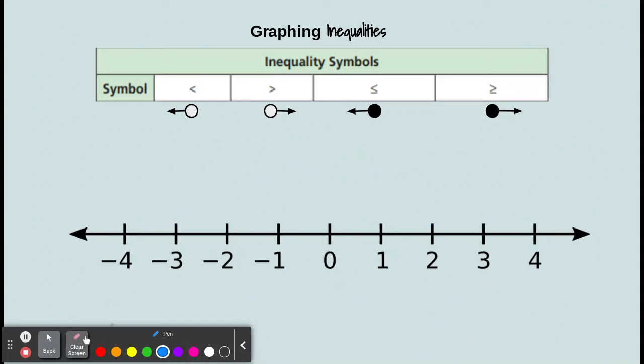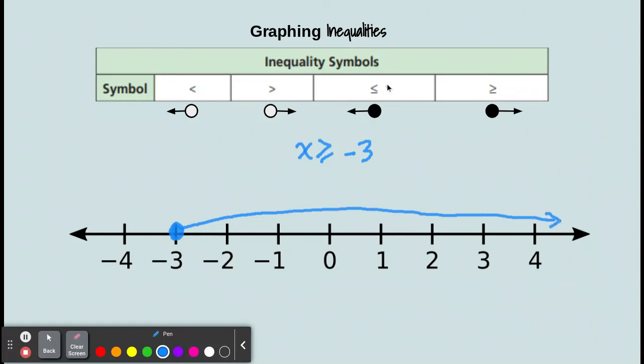Okay, last one. Let's do x is greater than or equal to -3. Okay, so we find -3 on our number line. x is greater than or equal to, so it includes -3, so we want to color it in. And it can be all the numbers greater than -3.